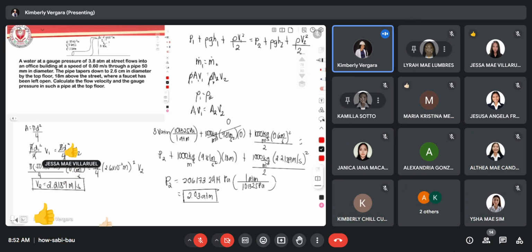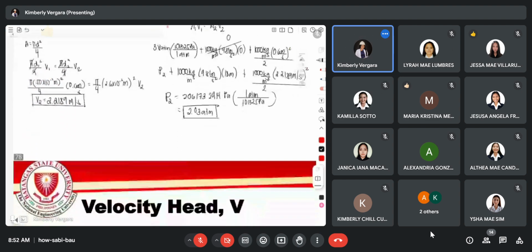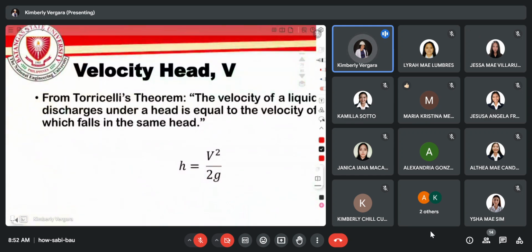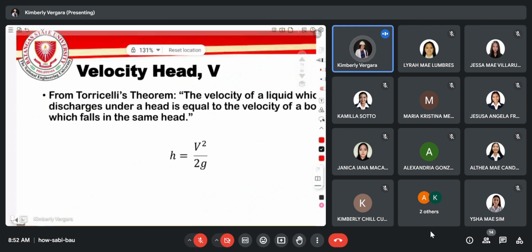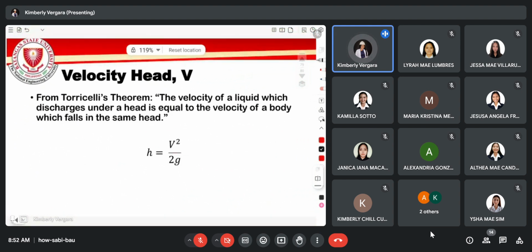Okay, thank you everyone. So, let us continue. Next, we have the velocity head. From Torricelli's theorem, what did Torricelli say? The velocity of a liquid which discharges under a head is equal to the velocity of a body which falls in the same head.